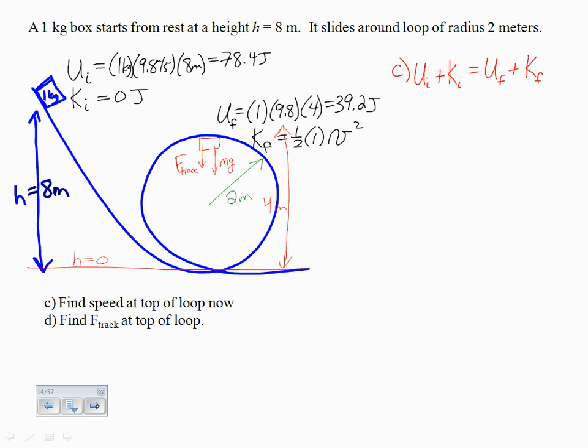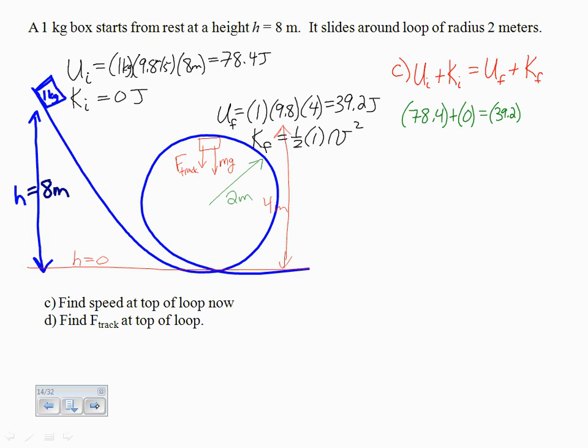So we plug in the initial potential energy of 78.4 joules plus the initial kinetic energy of 0 joules and set that equal to the final potential energy, which is 39.2 joules. If you notice, this loop is half as tall as the starting height, so it has half the potential energy. It's lost half of its potential energy.